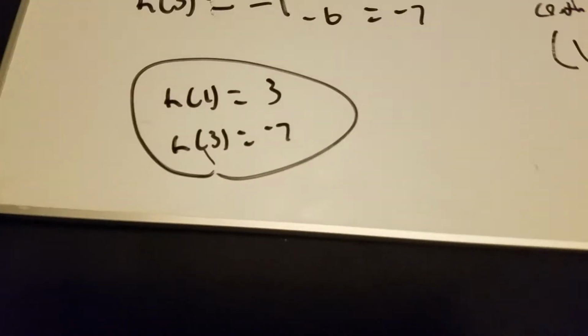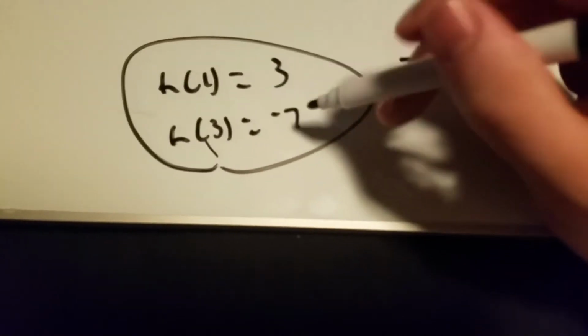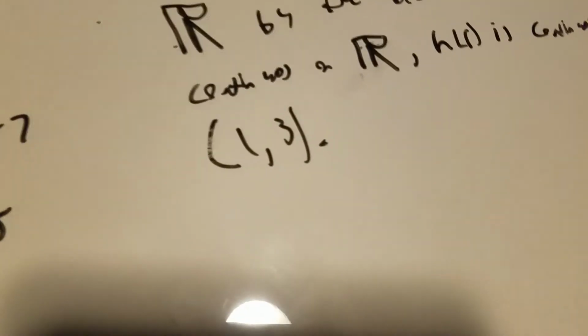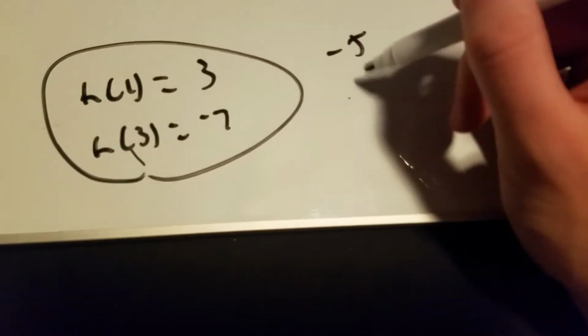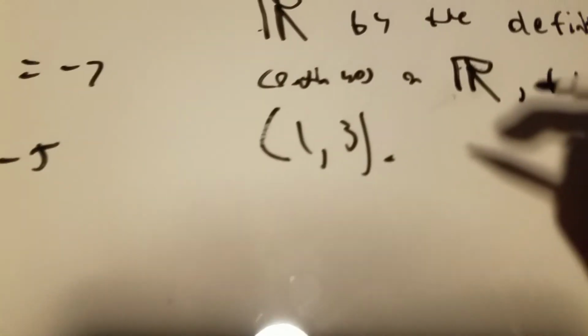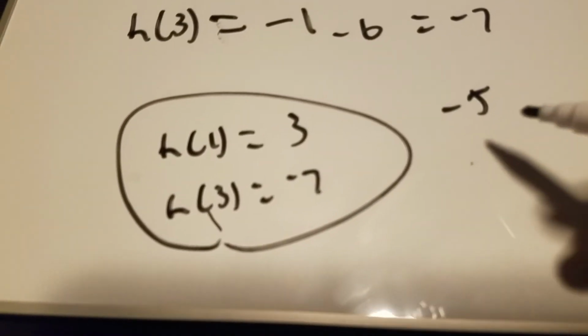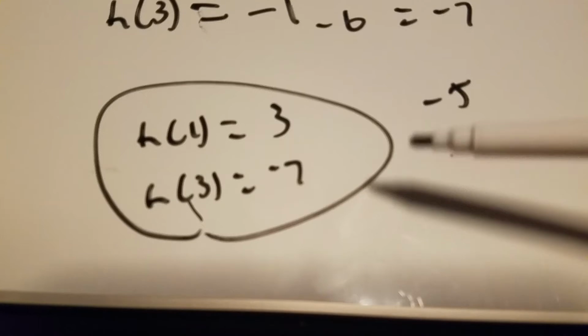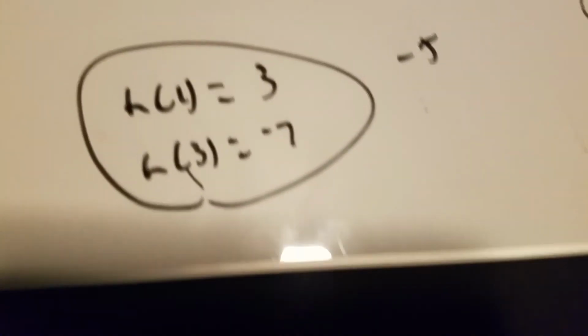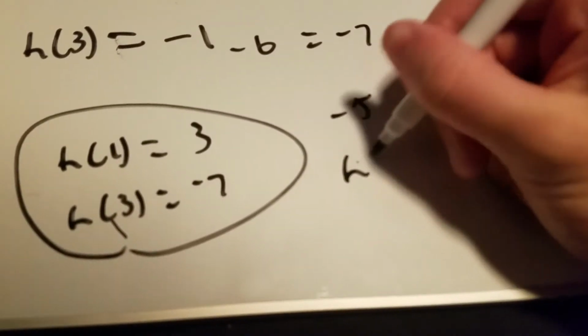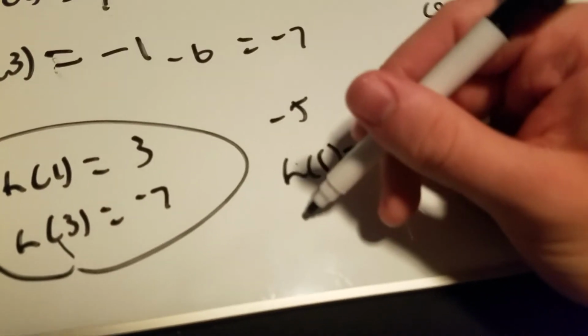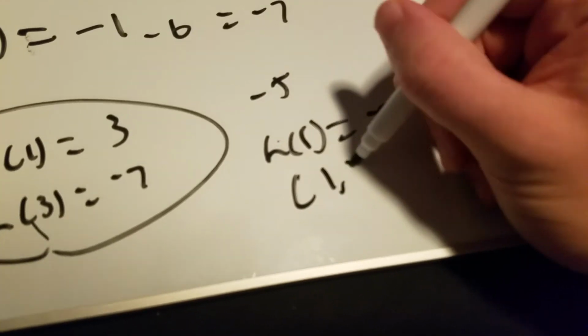So now we just need to say that we know that -5 is between -7 and 3, and because it's continuous from 1 to 3, we know that h of x has to go through -5, based on that previous video. So basically what you're doing is you're proving that there is a part where h of r equals -5 on the interval 1 to 3.